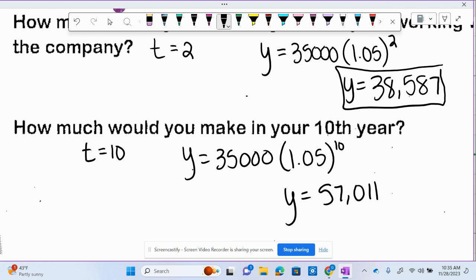Just solve the equation. So 35,000, parentheses, 1.05, parentheses, caret, to the 10th power, 10.